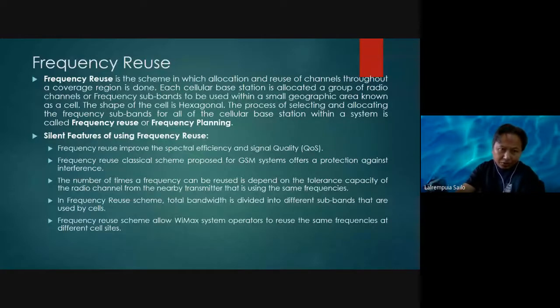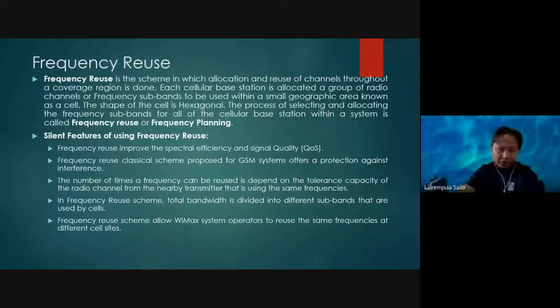Let me explain this. Why do they use hexagonal for identifying the cell? Here we have one hexagonal, and one more hexagonal here. If we put the tower here at the center, then the distance is almost the same in the hexagonal. Then there is no free space between the two hexagonals.